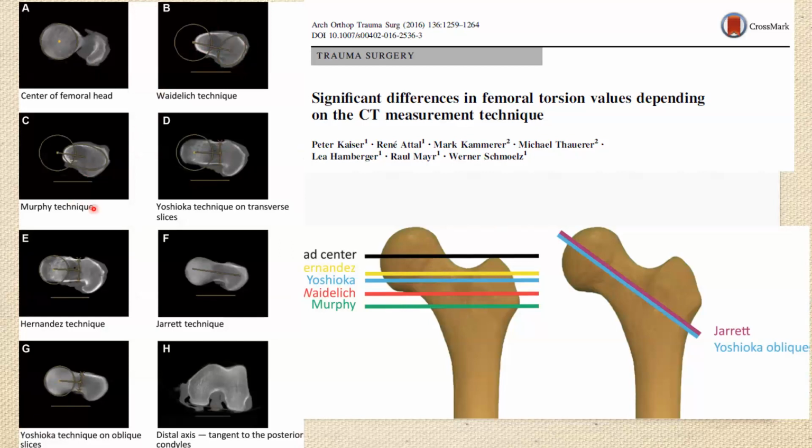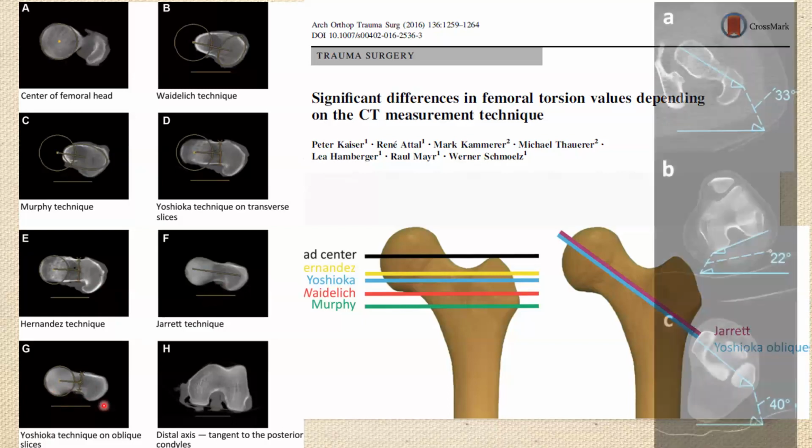Murphy's technique takes the center of the femoral head and the ellipse of the neck. Yoshioka's takes the shortest distance of the neck, and the Hernandez technique uses the level of the neck at its shortest distance. The Jarrett technique is the oblique interposition of the femoral head and the shortest region of the neck.